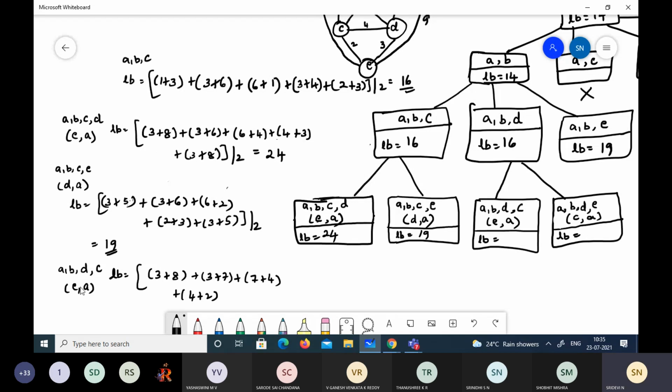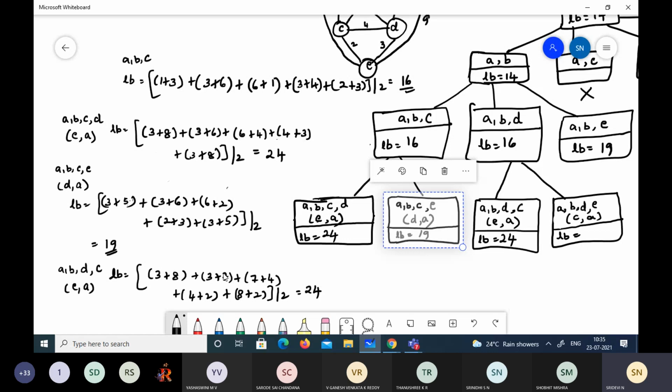D and C to E. Then we have, finally, to A, to E. If you see A to C is 1.